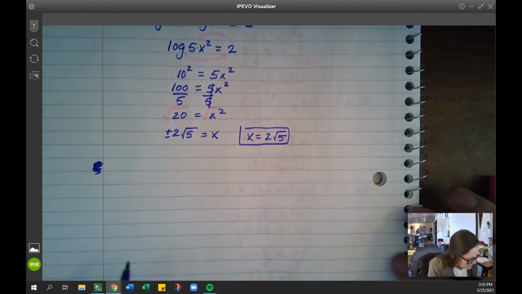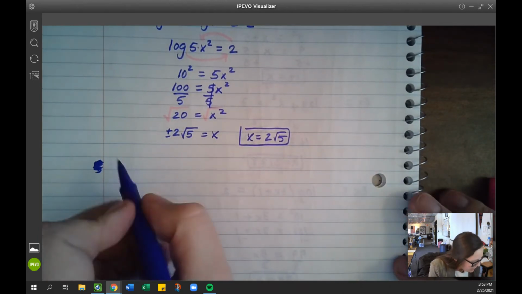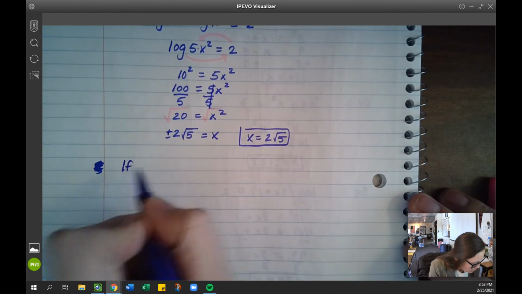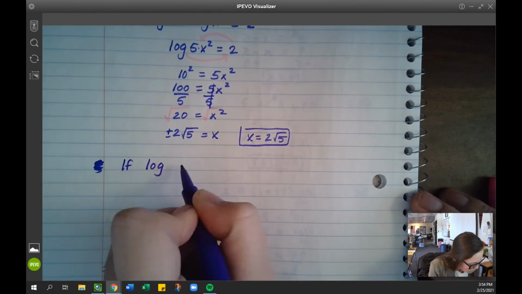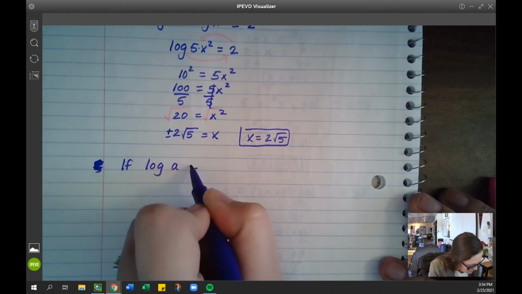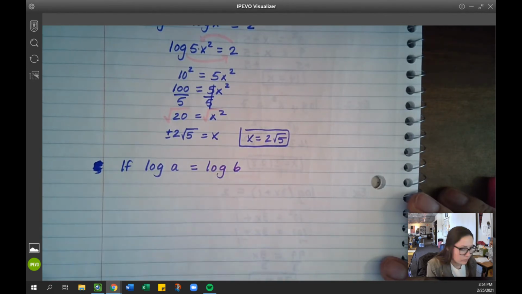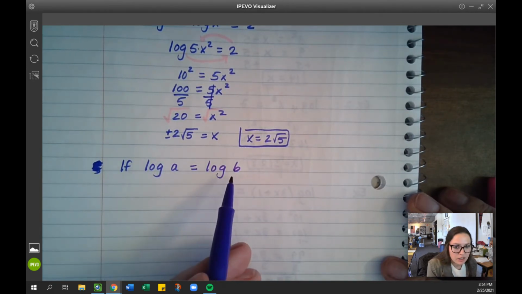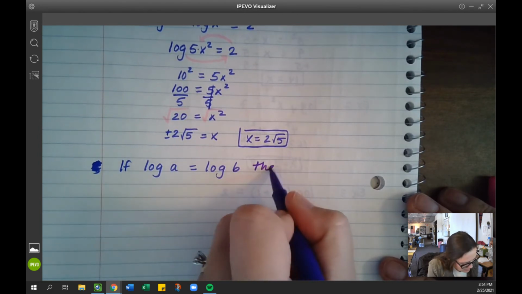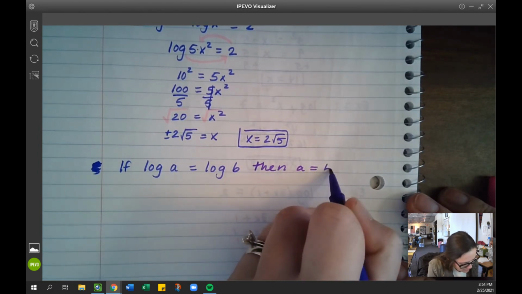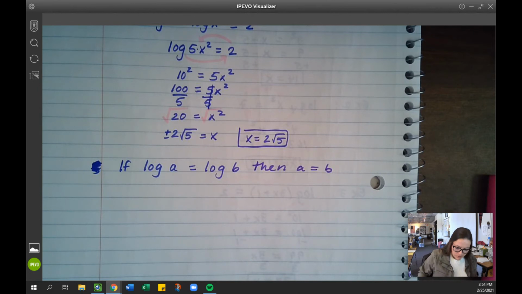All right, next idea here. If I have an equation where I have logs on both sides, so if one log equals another log, that must mean that those two things are equal to each other.